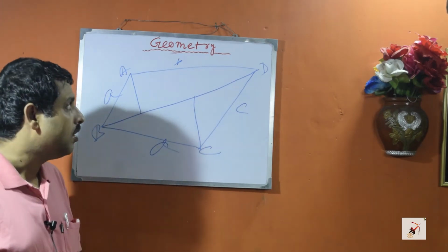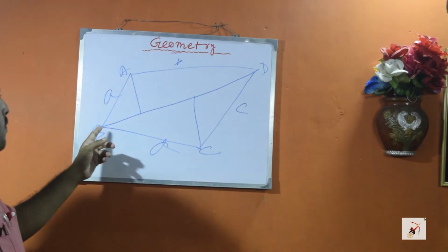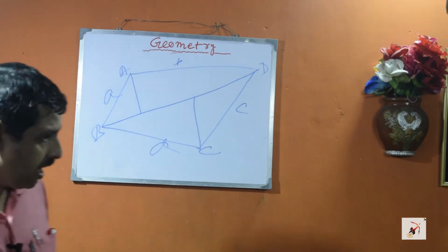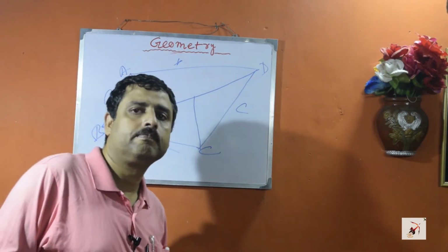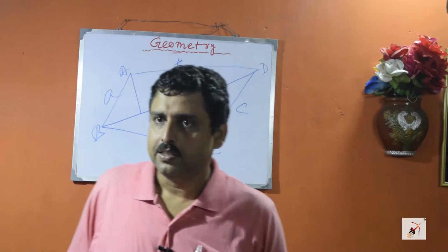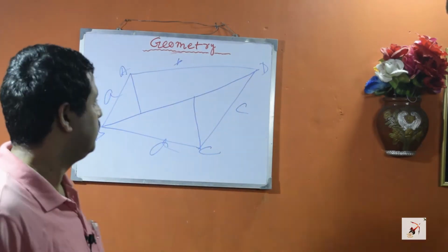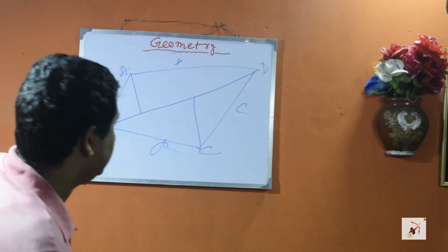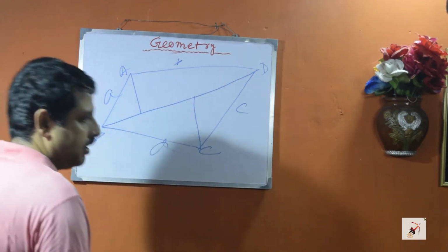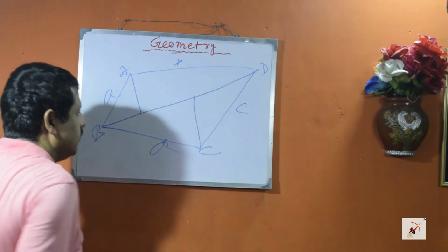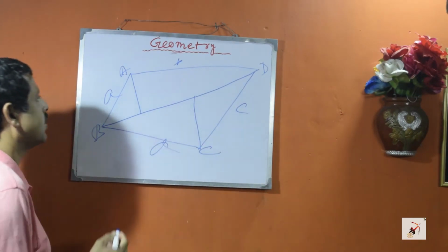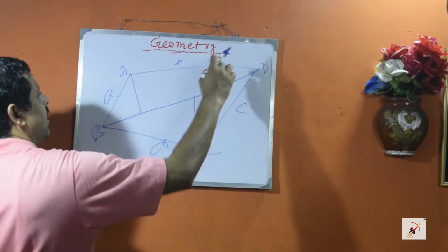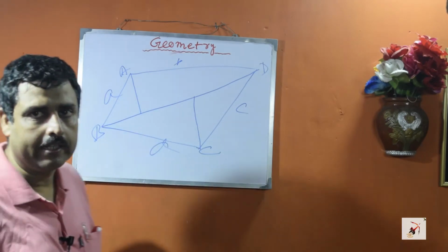When the opposite vertices such as B, D, or A, C are joined by a line segment, this is known as a diagonal. Here BD is a diagonal, and if we join A and C, it will also be a diagonal. So let us draw one diagonal. Then the whole quadrilateral is divided into two triangles.